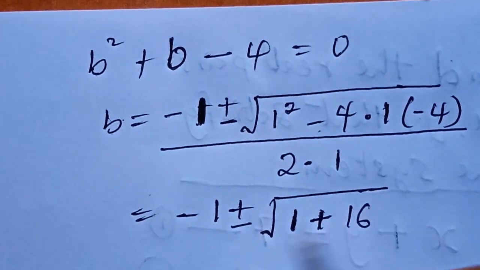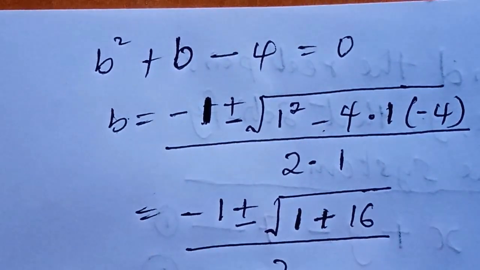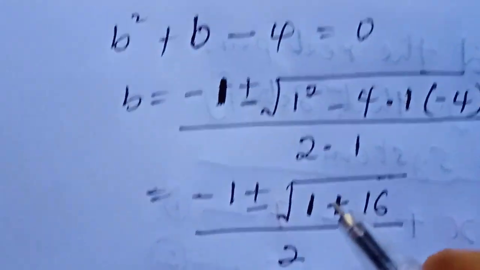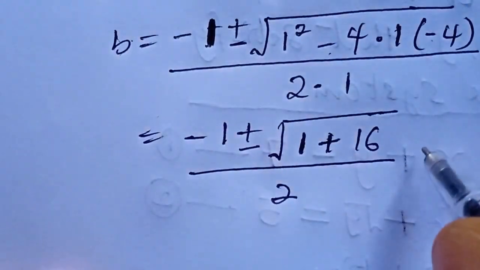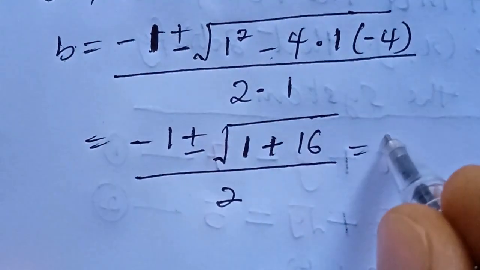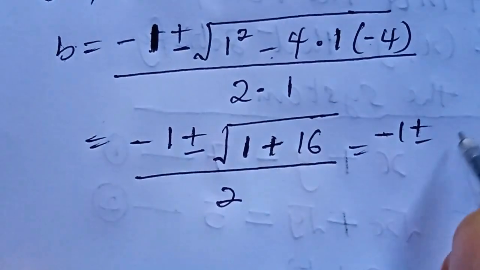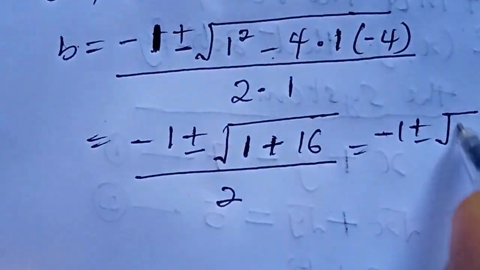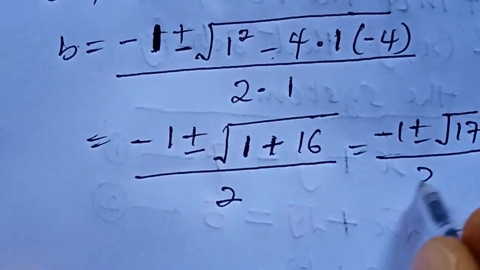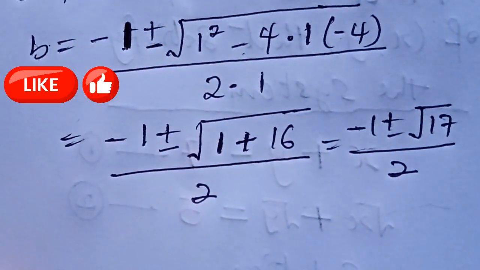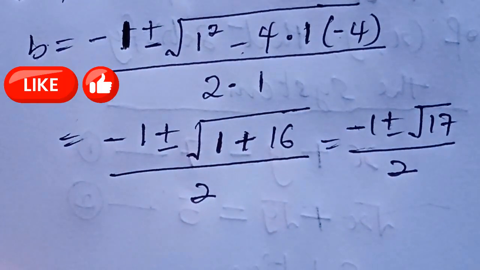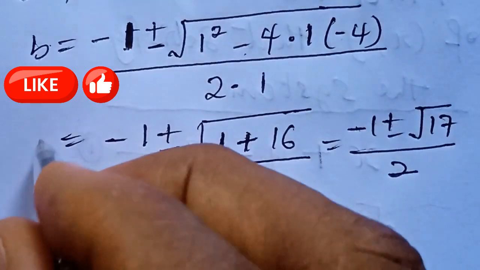Then 16 over 2. And the simplification of this is given as equal to minus 1 plus or minus square root of 17 over 2. So this is what we have as our b.